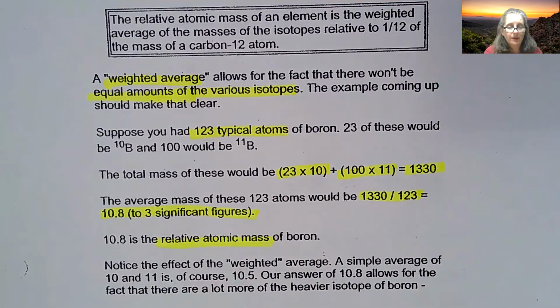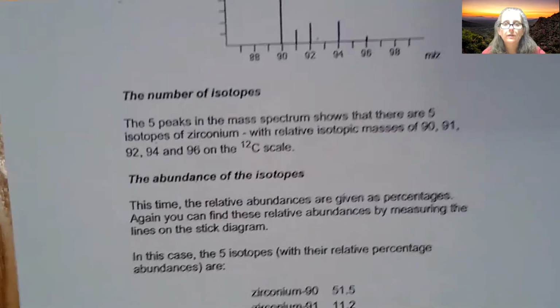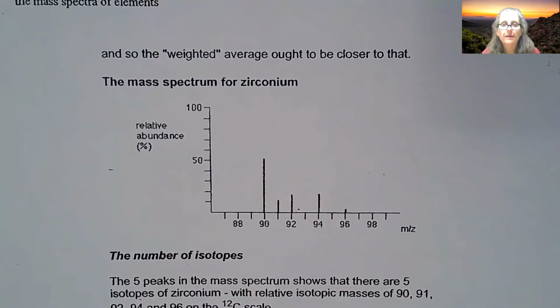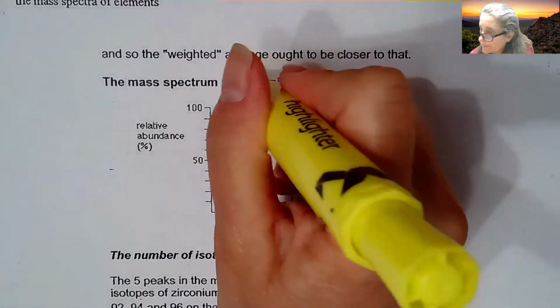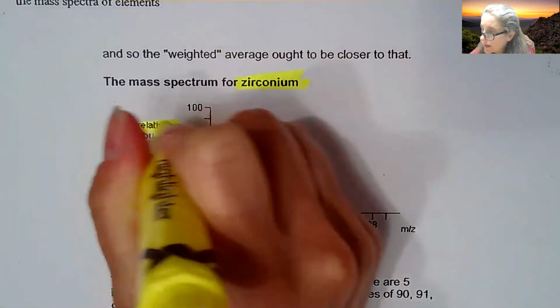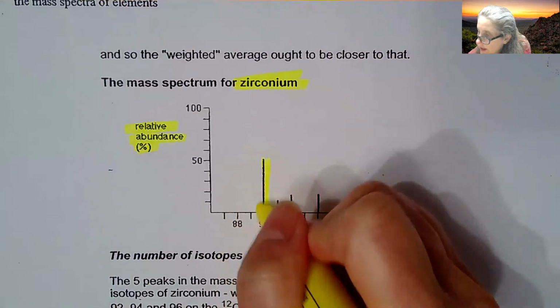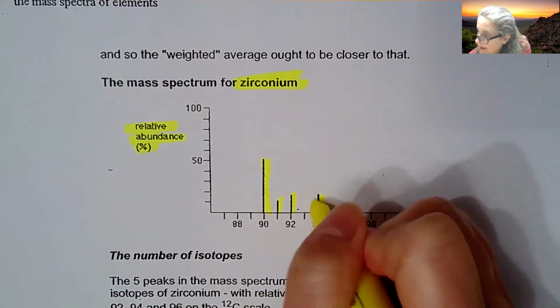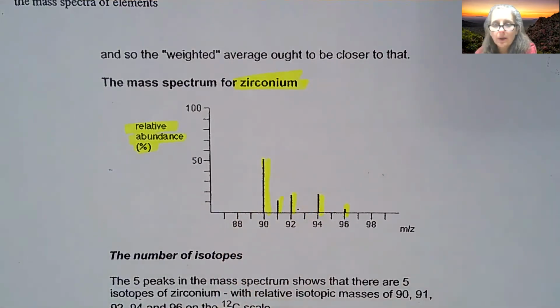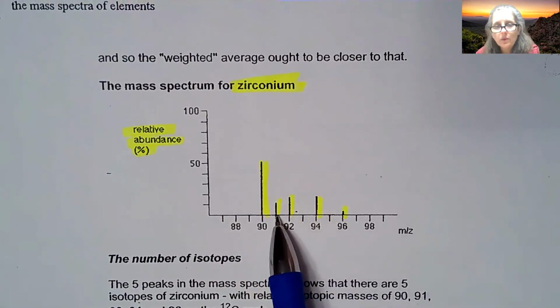So what you typically see is a graph like you find on the next page. If you look at the mass spectra for zirconium, please note the relative abundance here is going to look a little different in terms of the height of these peaks. The trickiest part is recognizing when you have a peak and when you don't have a peak.